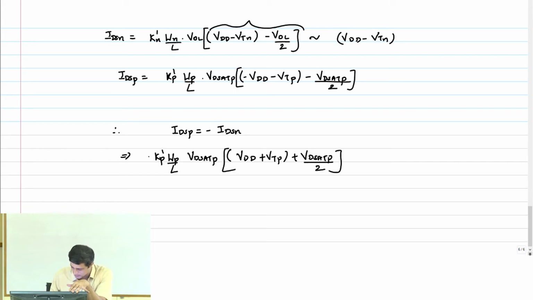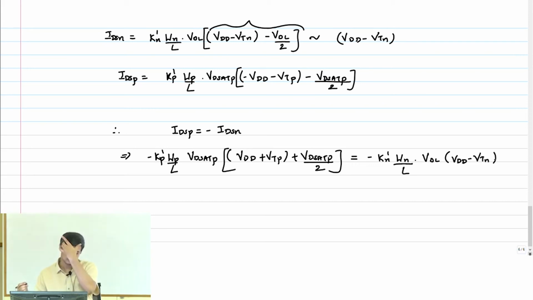I want to bring the minus sign out, equals minus Kn prime Wn by L into VOL into VDD minus VTN. Clear?